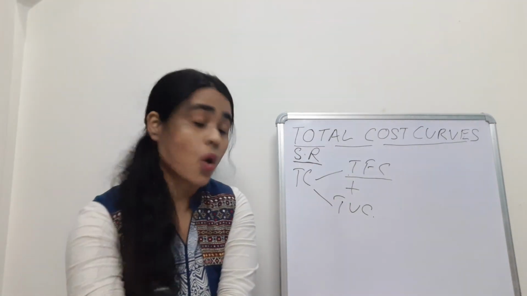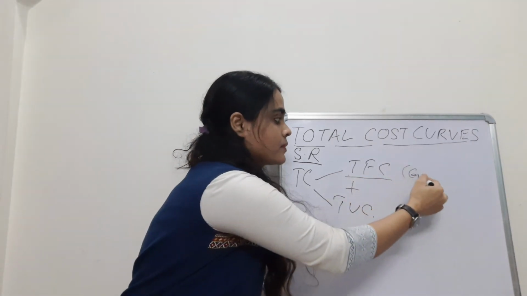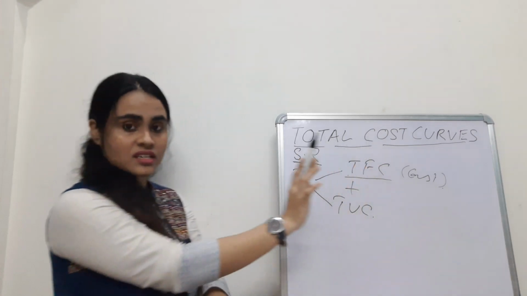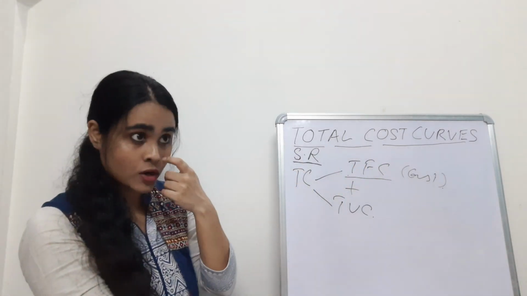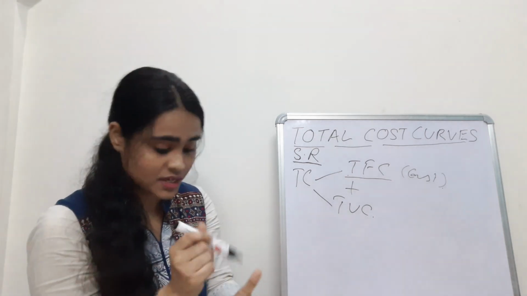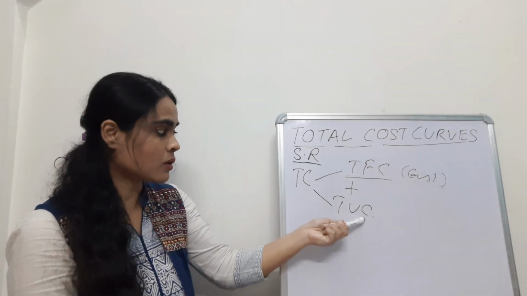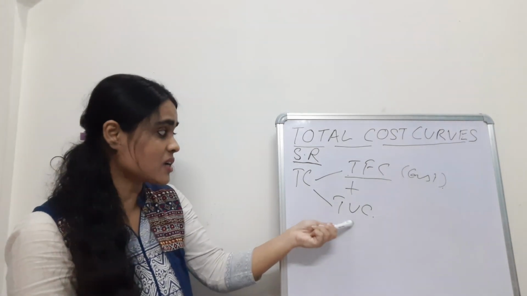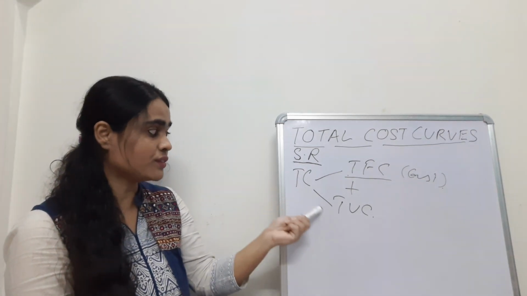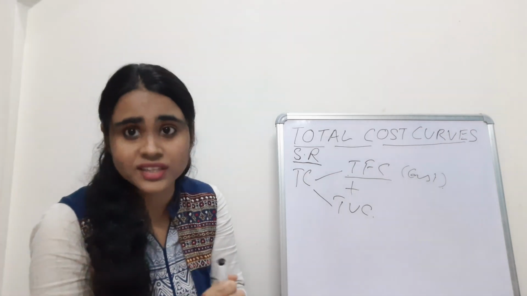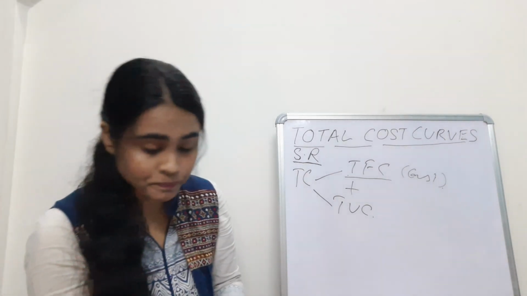The fixed cost in the production process is constant, as you have to pay it, while variable cost keeps changing depending on the units added to the production process. So this variable cost is very much related with the total cost, and the shapes of both of the curves are almost equal. They are parallel to each other, and the changes are almost the same.